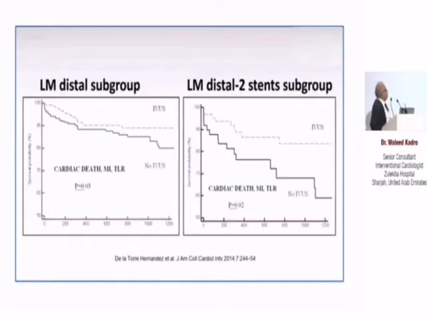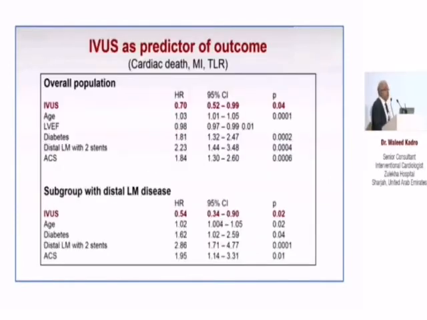And they did a subgroup analysis for the people who have just distal left main, or who had a two-stent intervention, and by using IVUS, they got significant improvement in the total MACE, whether it's cardiac death, MI, or target lesion revascularization.